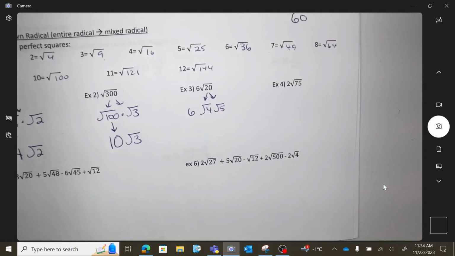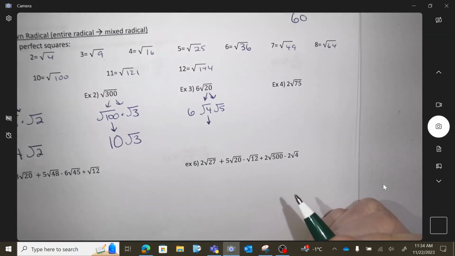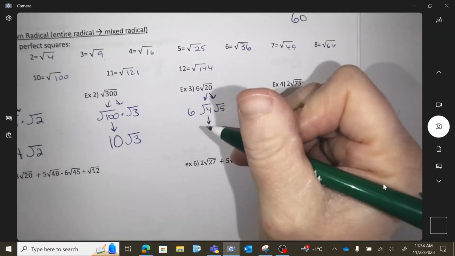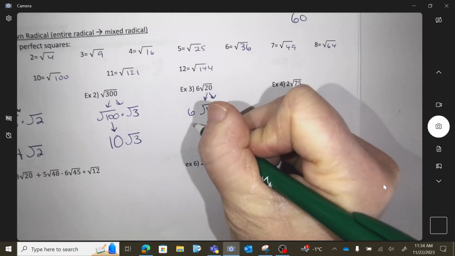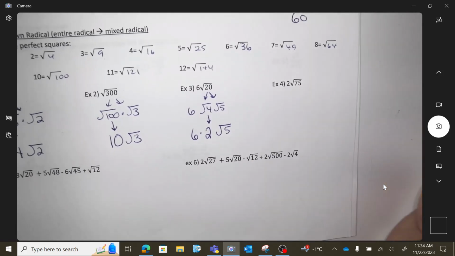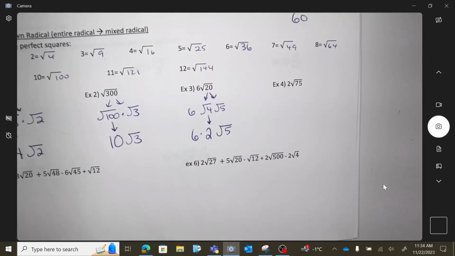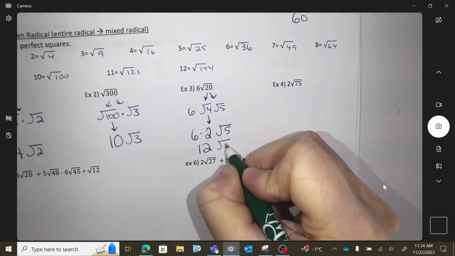It has to come along for the ride. I'm going to take the square root of 4 and change it to a whole number 2. Then I'm going to bring everything down. There's a whole number 6, and there's a radical 5. Treating it like the whole number stuff, the radical stuff. So now I can do 12 root 5.